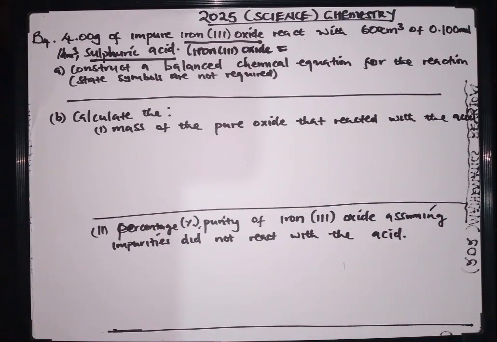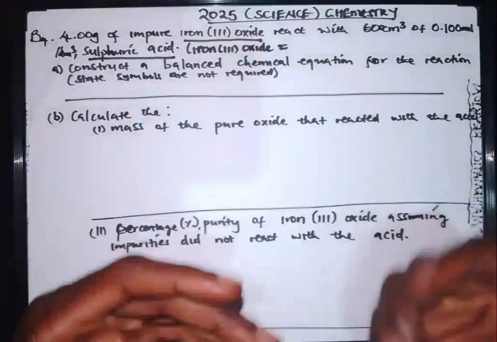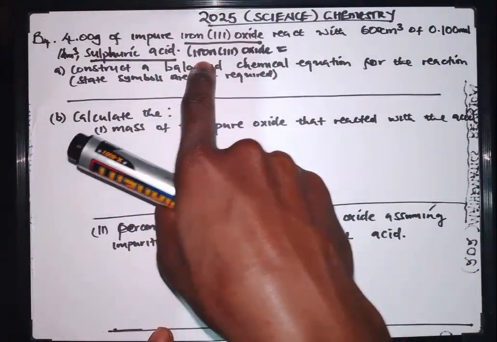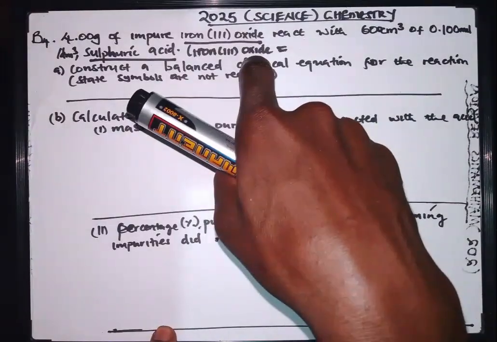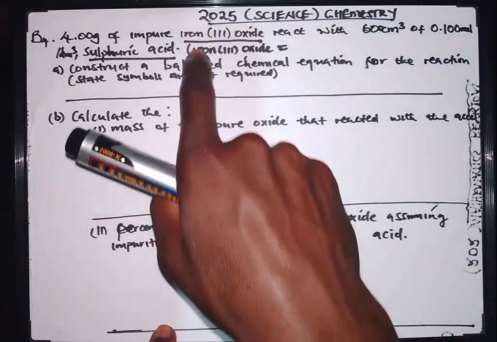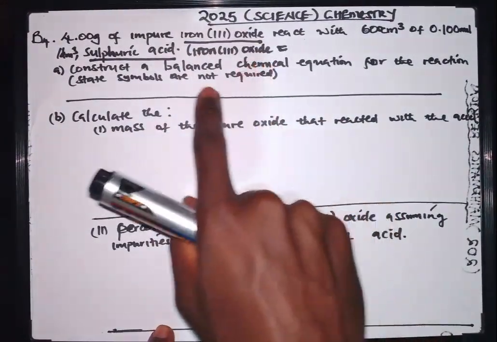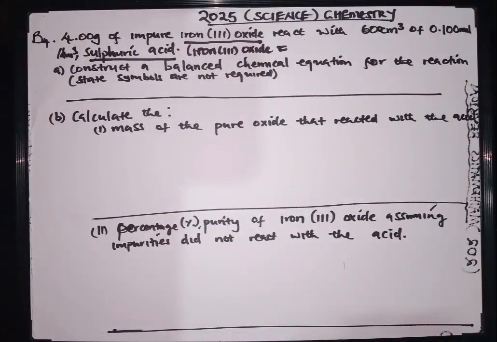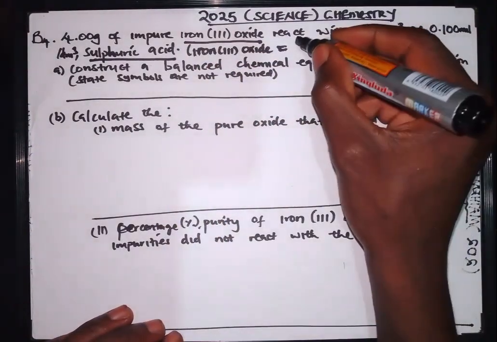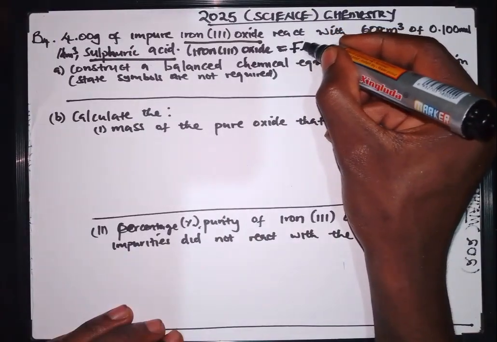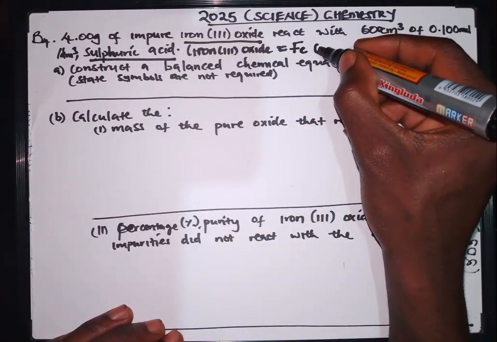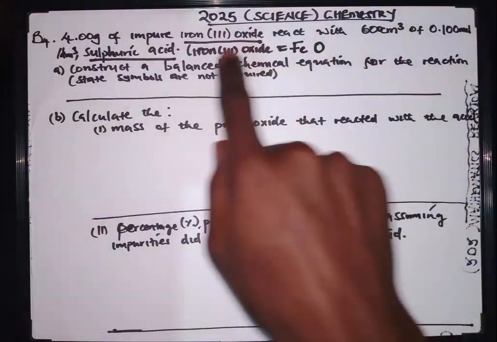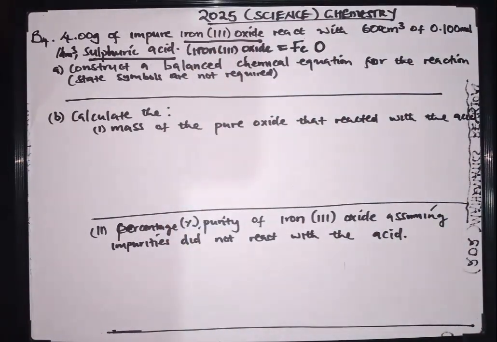When we look at iron 3 oxide, we are considering two things: iron and oxygen, because for you to form iron oxide, you have to combine iron and oxygen. So the first thing you need to write now is iron and oxygen. Those are the two things which are found in iron 3 oxide.